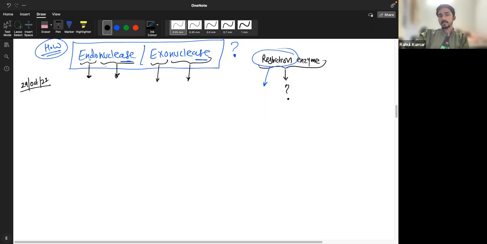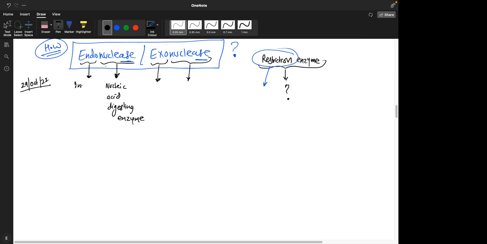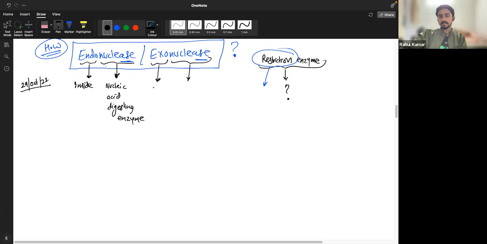Now, what does the word endo and exo mean? Endo and exo, people, this is simple, right? Endo means inside, and exo means outside. What does restriction mean?